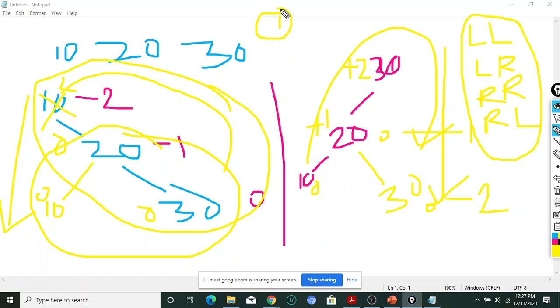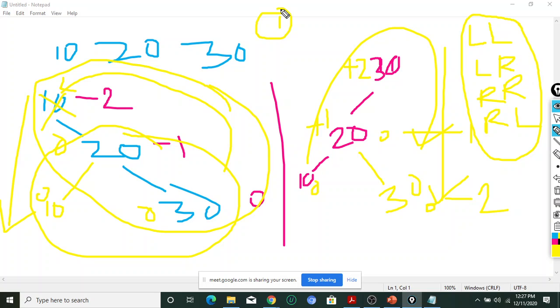So what will be the maximum balance factor? Plus 1, yes. Minus 1, 0 and plus 1, not minus 2. So these three values are possible, only these three values, not minus 2, not minus 3.